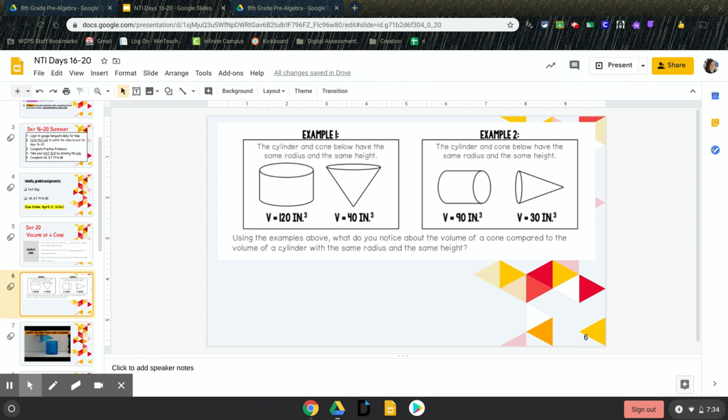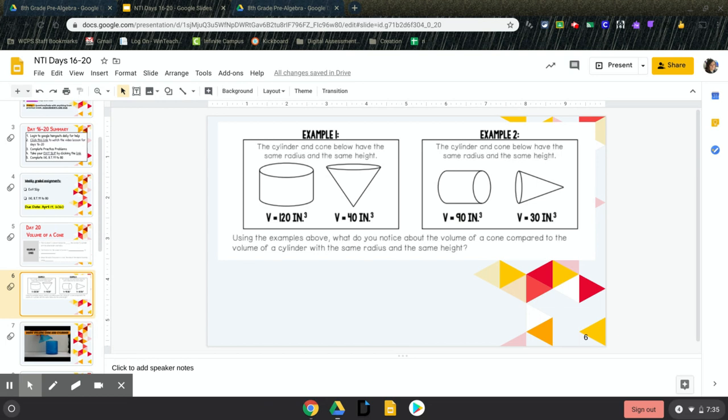All right, so let's look at an example of how cylinders and cones are related. So if we're looking here, we've got the cylinder that has a volume of 120. So when it gives you the volume of a cylinder, how could you find the volume of a cone?